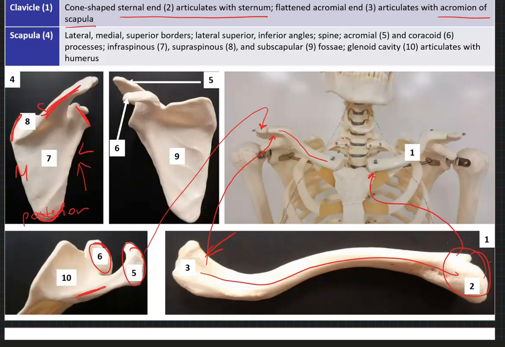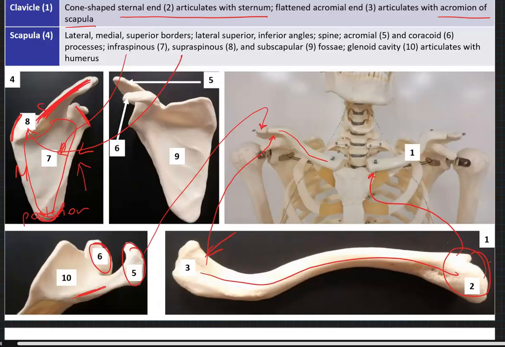Finally, the depressions on the scapula also have names. So you have the supraspinous fossa, above the spine, and the infraspinous fossa, under the spine, that's the spine, remember.